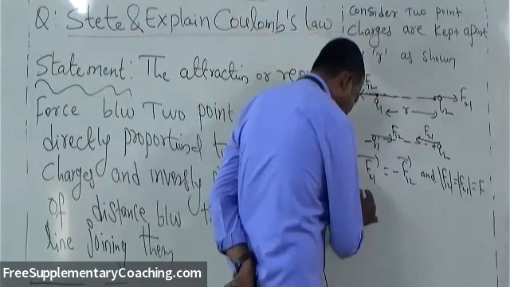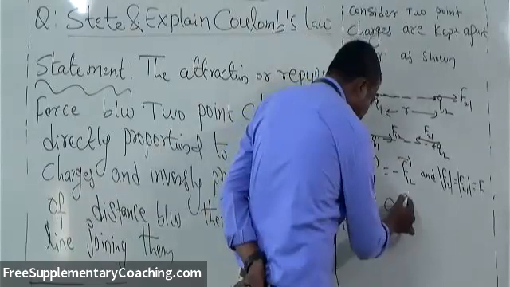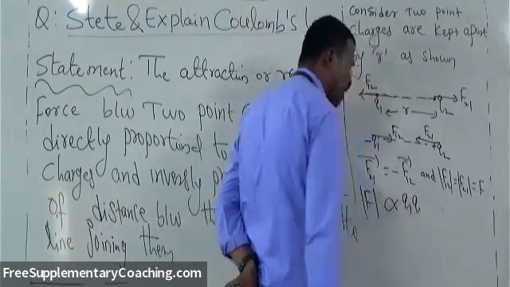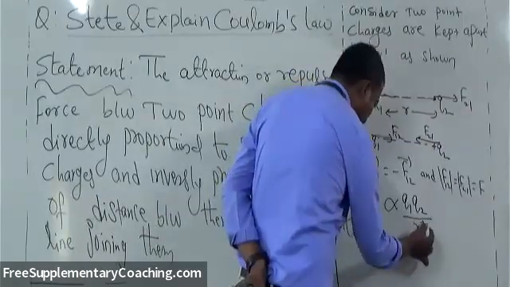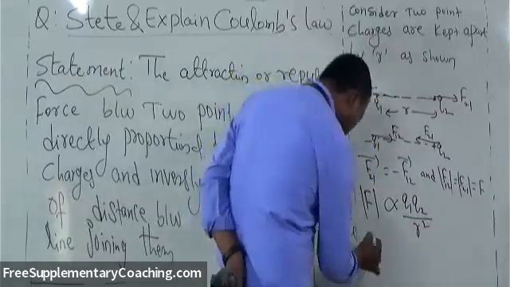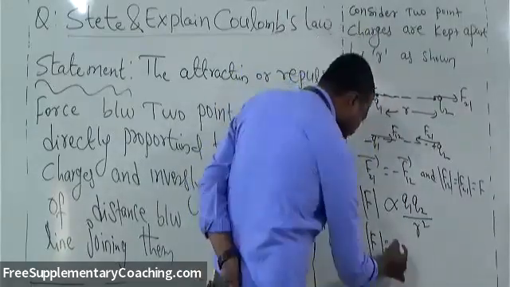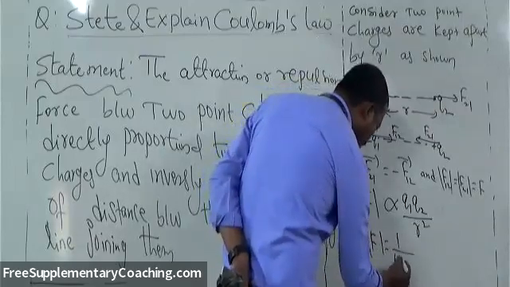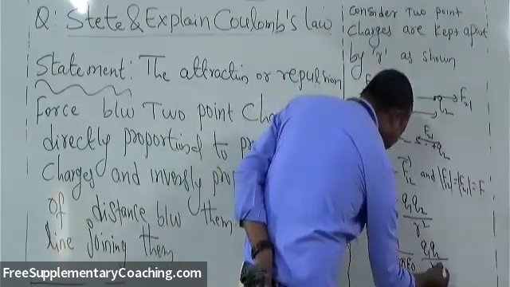So for that, this F, the magnitude of force, is directly proportional to the product of their charges. We have two charges, Q1, Q2, and inversely proportional to the square of the distance between them, that is R square. Then from this, if you remove the proportionality, you get a constant, and that is F equals 1 upon 4 pi epsilon naught times Q1 Q2 by R square.